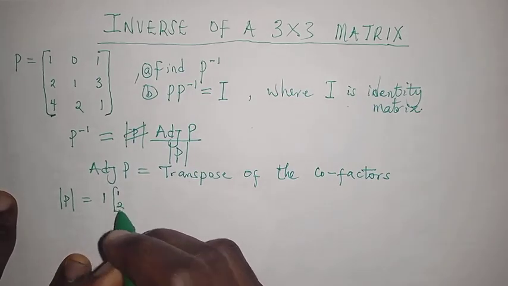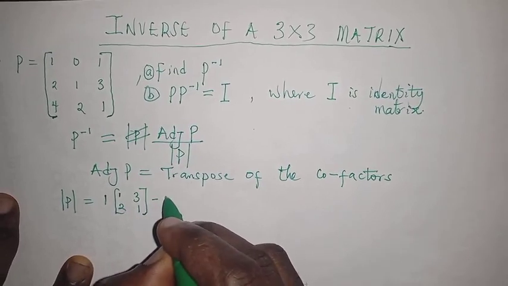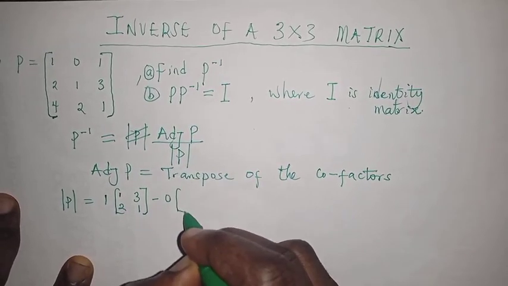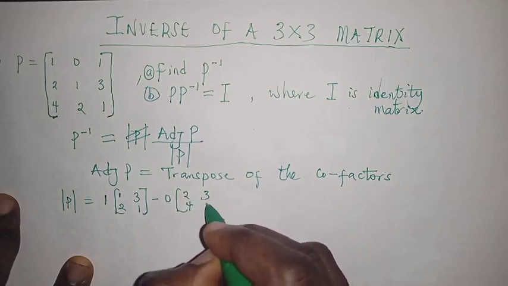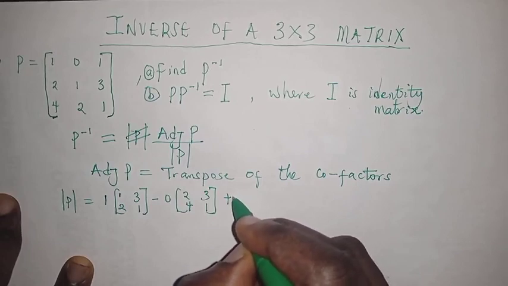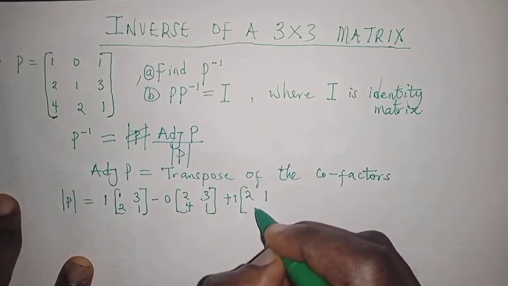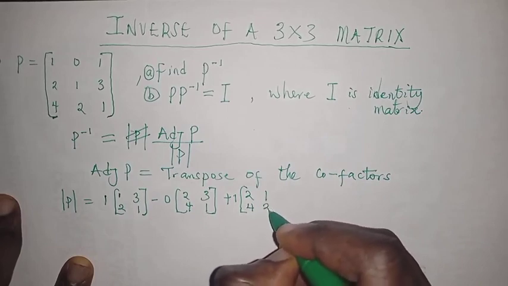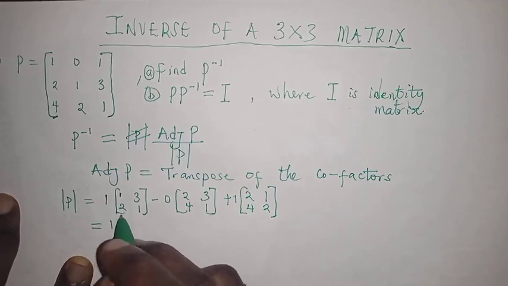So we have 1 times the determinant of 1, 3, 2, 1, minus 0 times 2, 3, 4, 1, plus 1 times 2, 1, 4, 2.